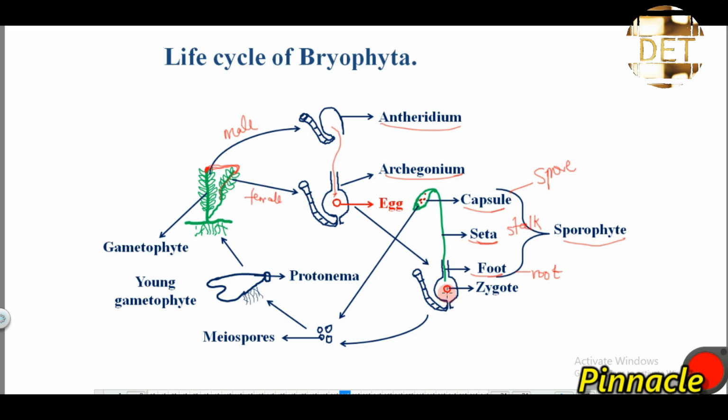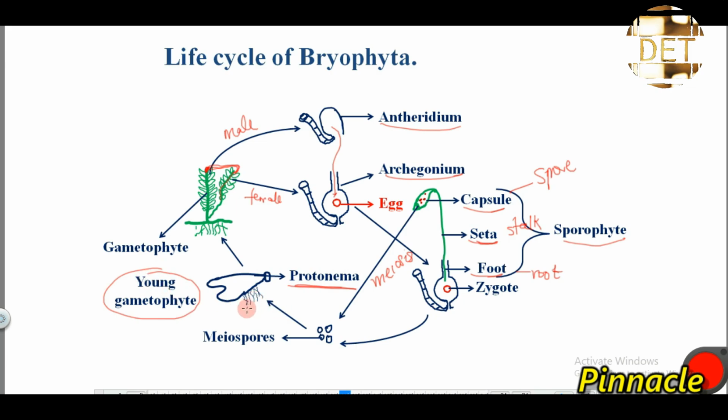When this sporophyte is now mature, the capsule contains a lot of spores, and these spores undergo meiosis to produce meiospores. Then these meiospores, on getting to a suitable substratum, develop into the protonema, which is the young gametophyte plant.